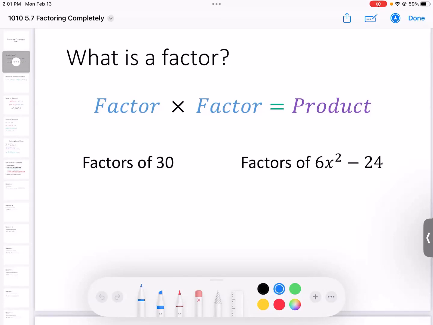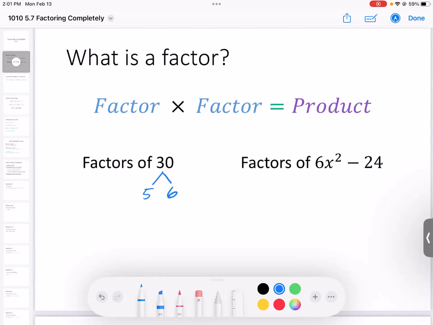So I like to think about the idea of factoring completely in terms of numbers first, and then we'll extend it to polynomials. So if I was to factor the number 30, I could say, well, 30 equals 5 times 6, but this is not completely factored because 6 can be factored further.